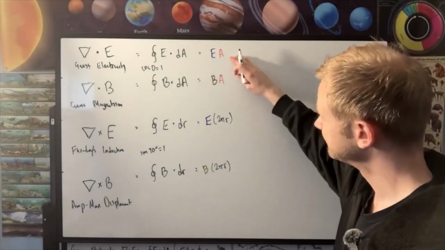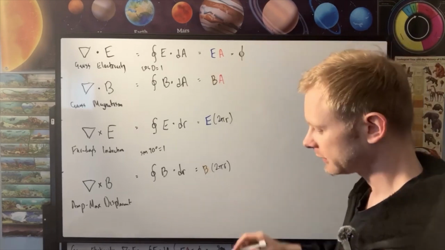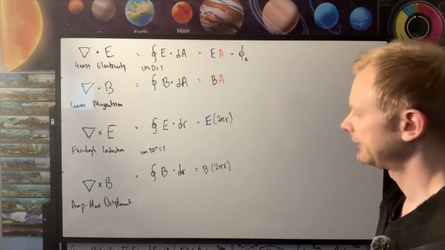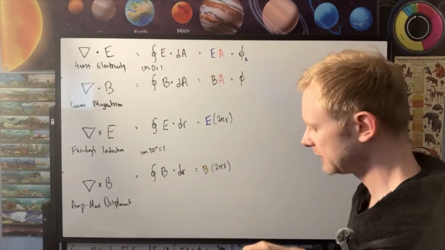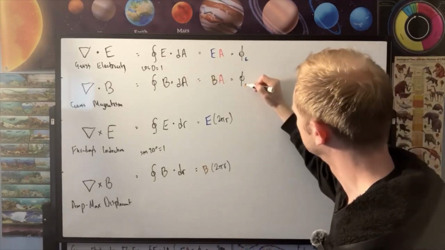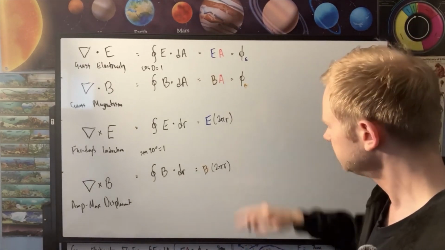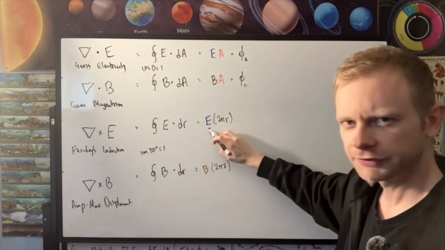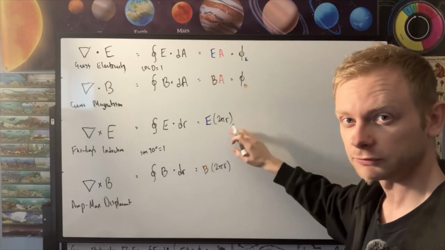Now we could recognize this one here maybe as being equal to electric flux, right? And this one, we could also recognize as being equal to magnetic flux. So that might be more recognizable. And then this one, well, electric field times distance, E times X equals voltage.